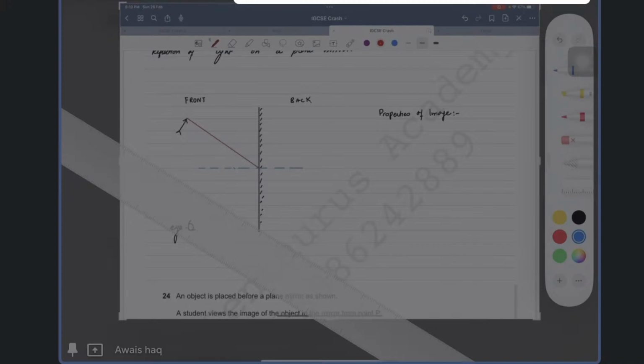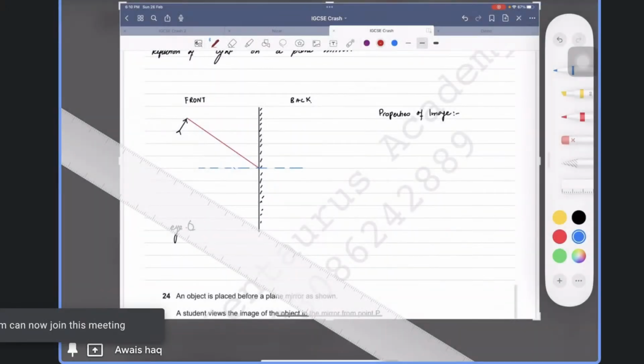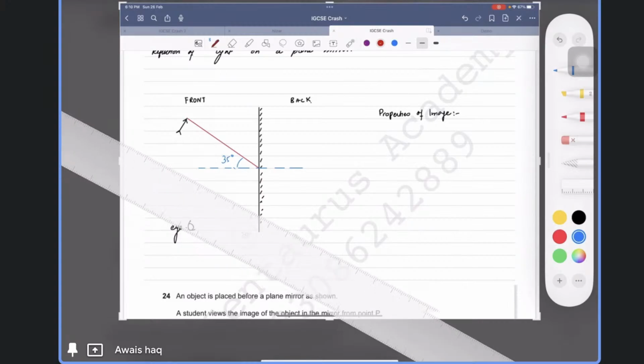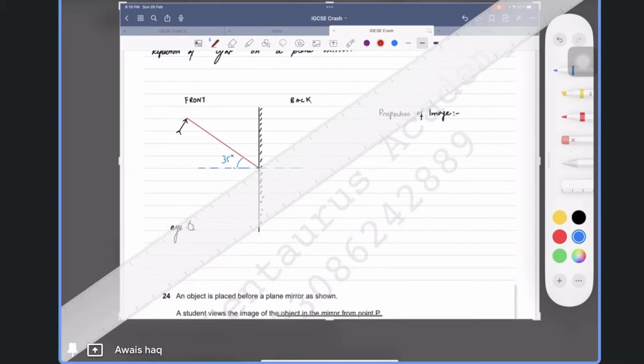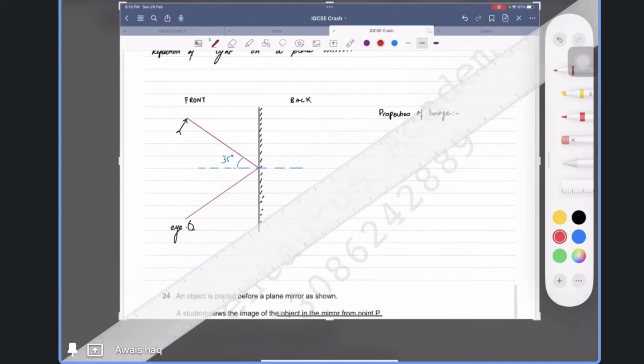Which means, because we're following the laws of reflection, we reflect the ray back at 35 degrees. So we take 35 degrees from here, and then it's going to reflect like this. So this would be the reflected ray R, and the angle of reflection is 35 as well.